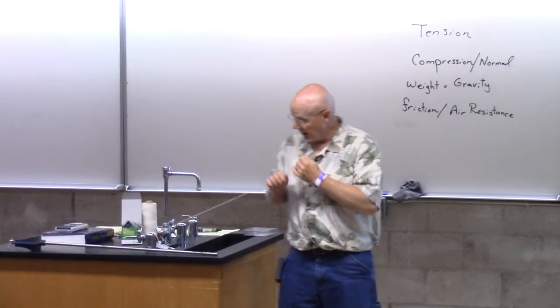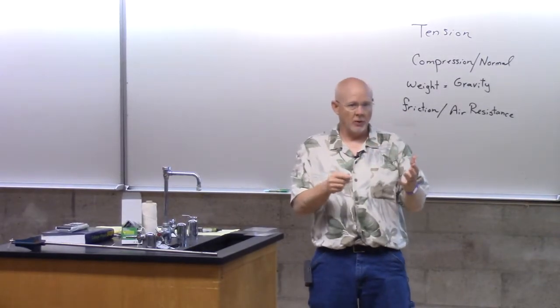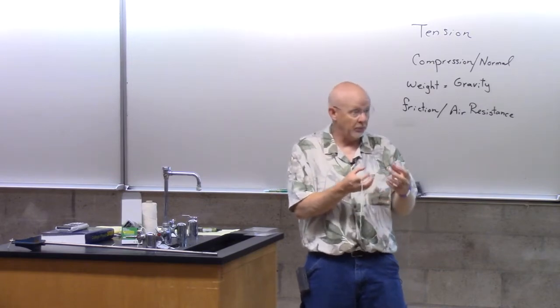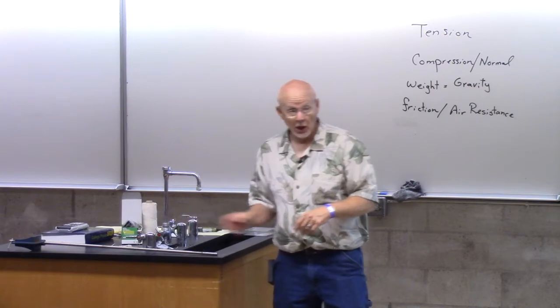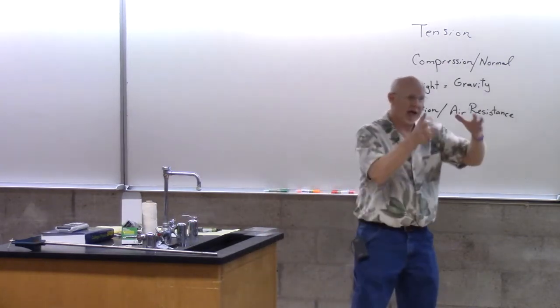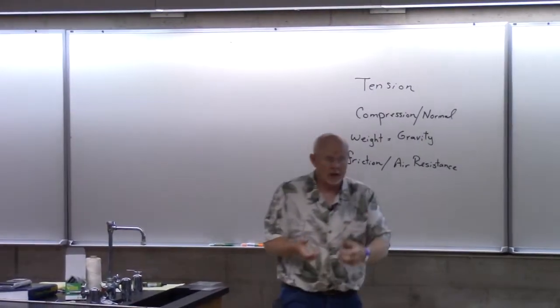And obviously, if you pull too much tension, there's some point where the chain or the rope or the cable will break. So there is a maximum amount of tension. But if you hear me use this word, hey, we're going to apply some tension, that's what it means. It means you're yanking on it, you're pulling on it.